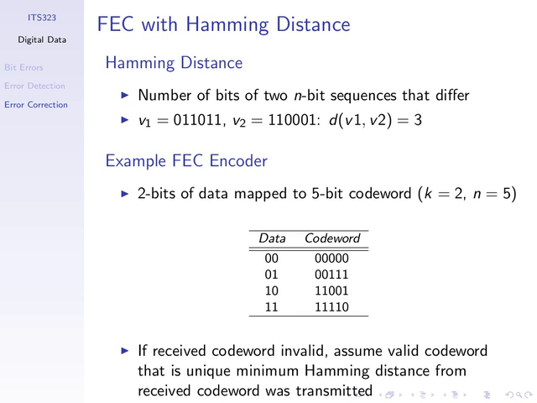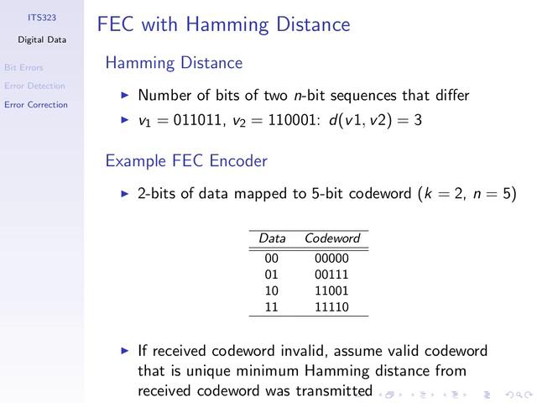The selection of these code words, there are some good ways to select them, but in this case, I've just chosen them just for this example. It could be a different selection, but in fact there are some optimal ways to select the code words. We'll talk about that later.